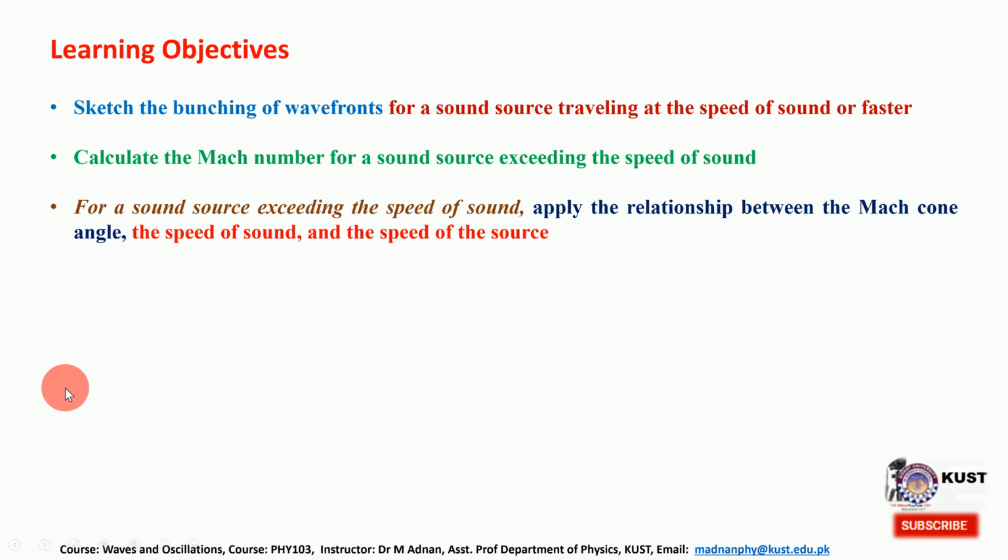Also, they will be able to understand the relationship for sound waves exceeding the speed of sound. They will be able to apply the relationship between the Mach cone angle, the speed of sound, and the speed of the source.